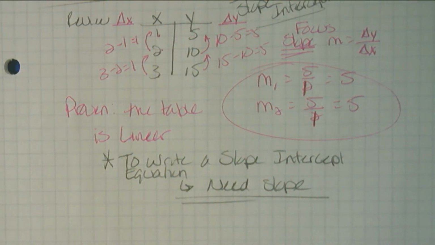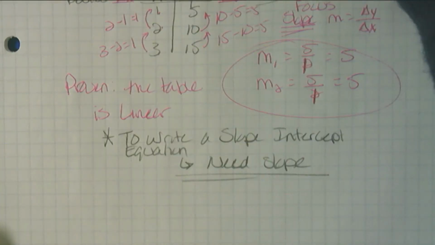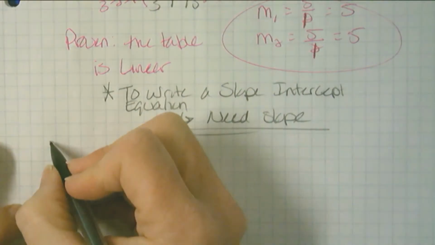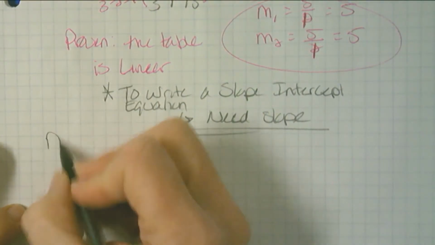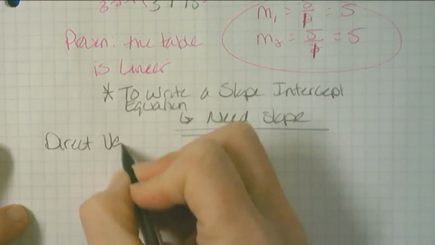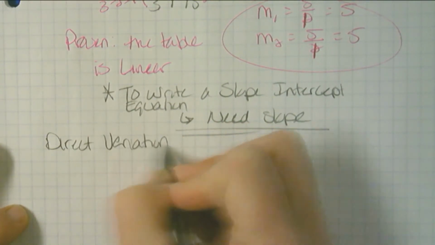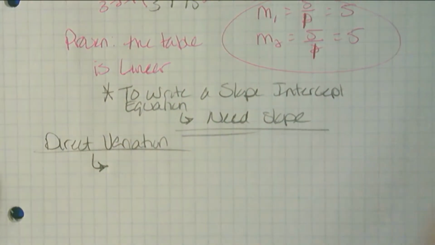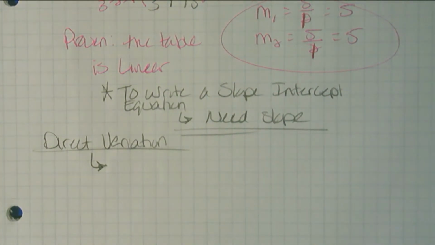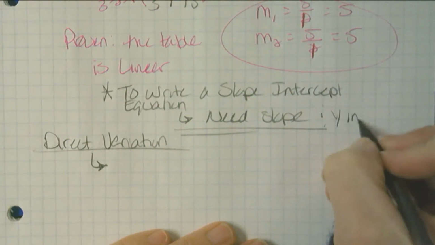We could keep going and write an equation for that. We would have to find our y-intercept, etc. The reason I'm saying that is for us to write a direct variation equation, what is the one thing I need to determine? For slope-intercept, we need slope and our y-intercept.